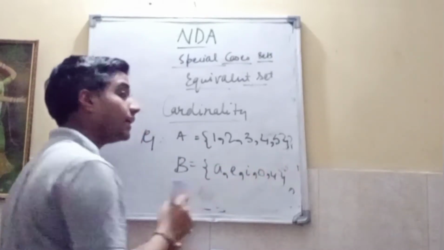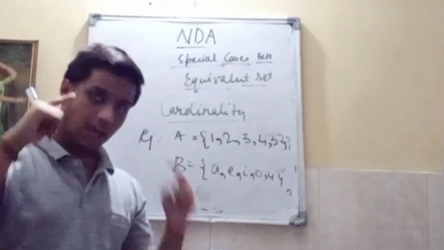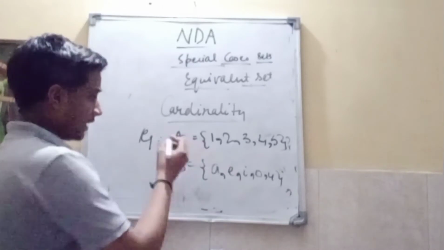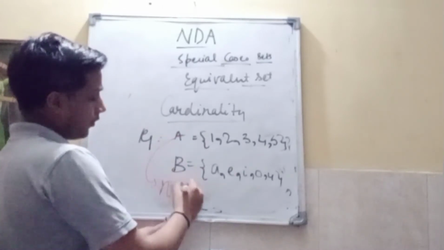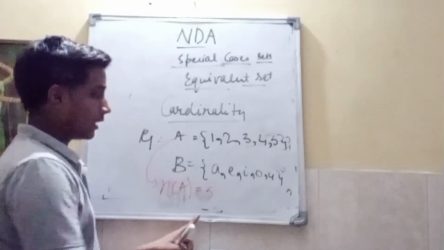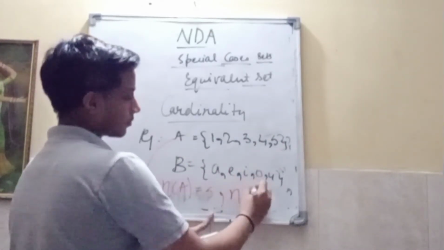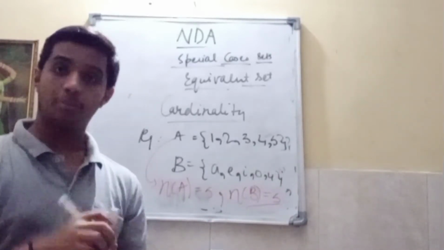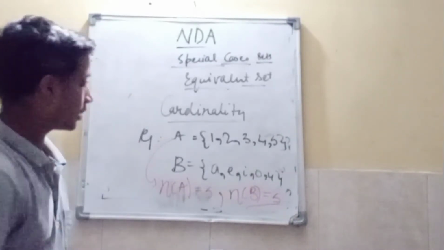I deliberately took this example so that I can make the concept clear. The cardinality of A is equal to 5. The cardinality of B is also 5. The cardinality of A and cardinality of B is the same. So hence these both are equivalent sets.